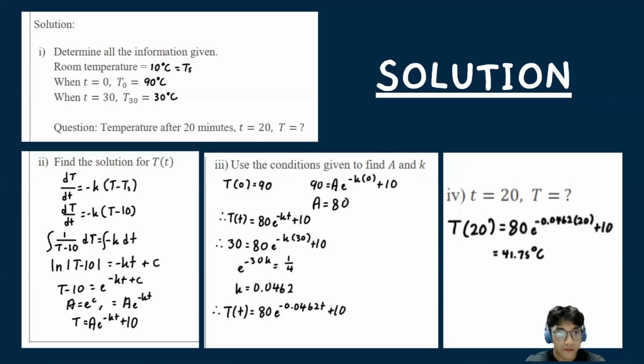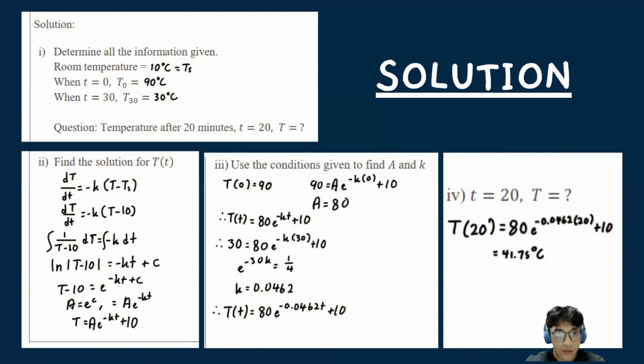On the left we get ln, and on the right side we get a constant C. We move ln to the right and it becomes an exponent. So the equation becomes T minus 10 equals e to the power of negative kt plus C, where C is a constant.